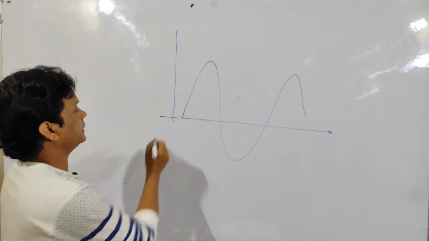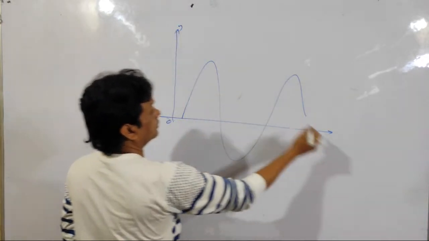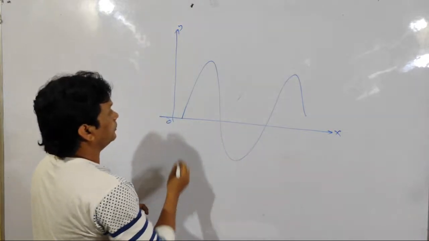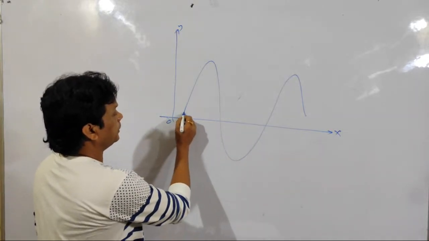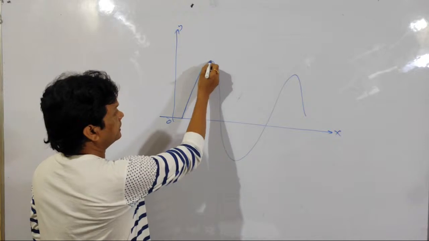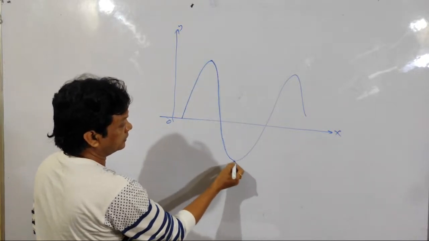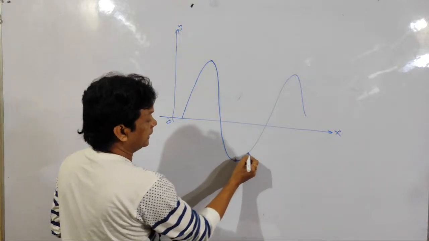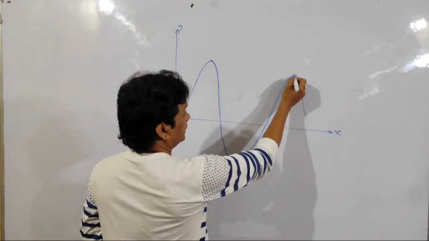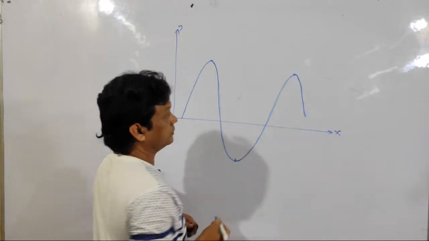I have drawn this graph. And now see here, from this point to this point, the graph is increasing, and then from this to this, the graph is decreasing, and then again it increases up to this, then it decreases.